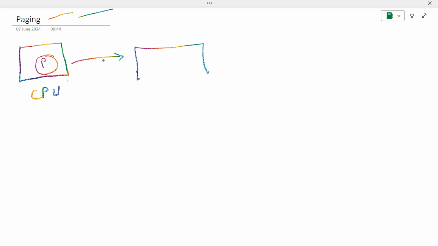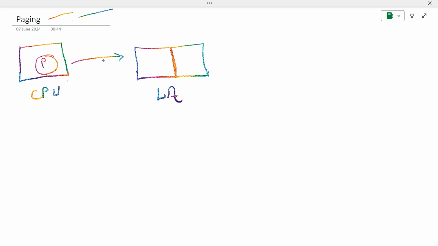I already told you that we will discuss this logical address in this video, so we will talk about what this logical address signifies. The CPU generates this logical address, which consists of two parts. One part represents the number of pages, and the other part represents the size of each page, that is the page size.